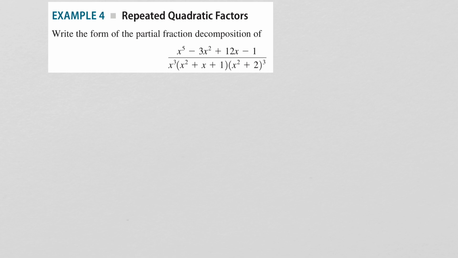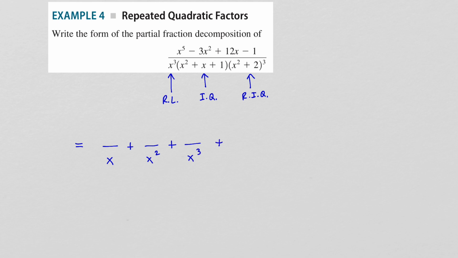And on top you have a fifth degree. Now let's identify what we have. We have a repeated linear factor. We have an irreducible quadratic, and then here we have a repeated irreducible quadratic. So when I go to break this down, your repeated linear factor, x cubed, is represented by x, x squared, and x cubed.